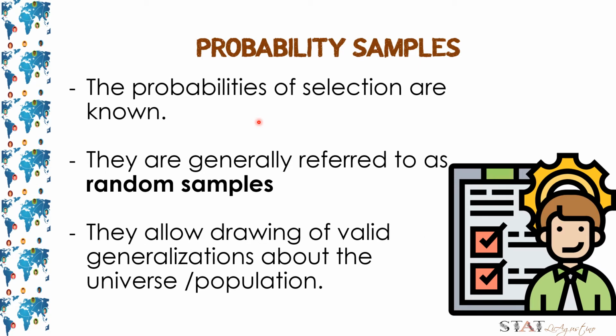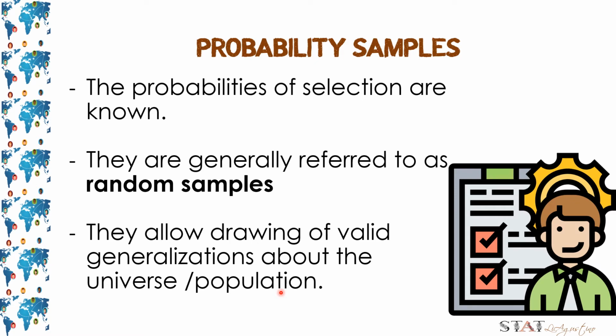So they will have equal probabilities to be selected, and they are generally referred to as random samples. They allow drawing valid generalizations about the universe or population. So in your findings, you can form generalizations about the population because you have probability samples. It is a process where members have an equal chance of being selected from the population.